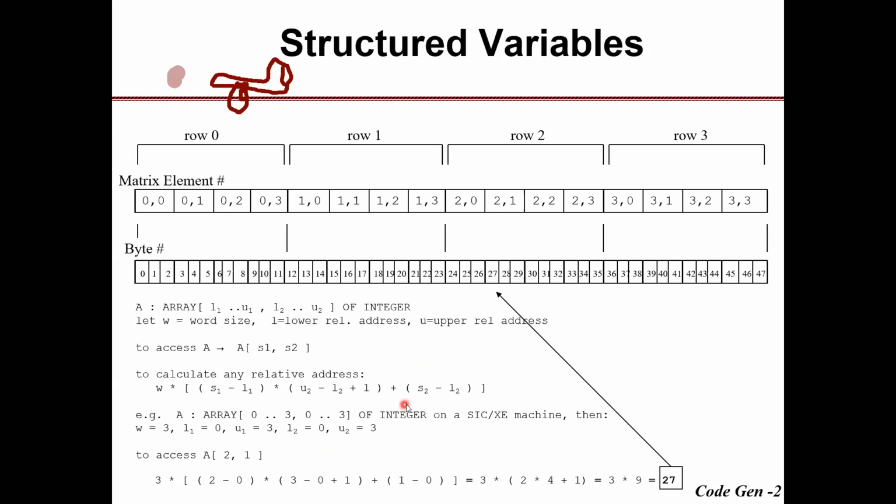And then you can extrapolate on this to build a similar algorithm for other types of data structures. Once you understand this, where we're just trying to jump over rows, then get to a specific column within a row, and then set the width of each element, you can calculate it.